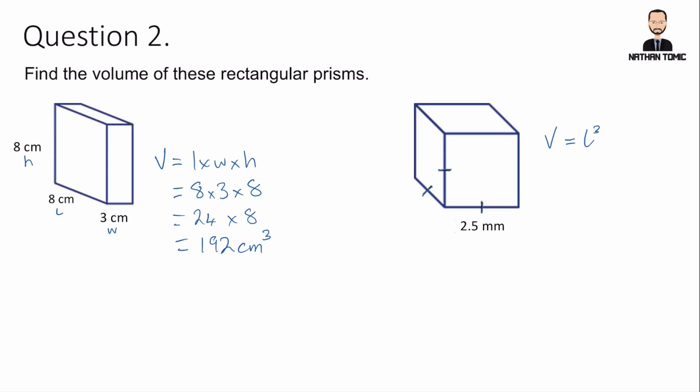Remember, that is the same as saying length times length times length, right? Length cubed. And we've got one length here, so we can say 2.5 cubed, and that is going to be equal to 15.625, and that is millimeters. And of course, don't forget the cubed here.